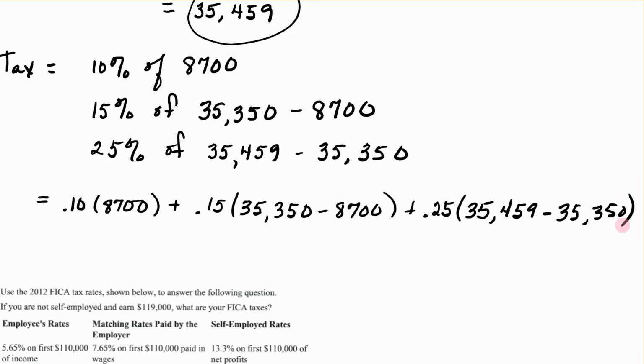You will type this into your calculator exactly as you see it with the parentheses. I'm not going to take our video time to do that, but you will get $4,894.75.